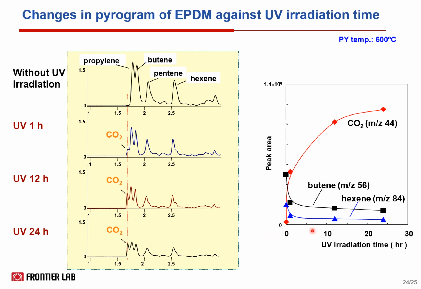This is a plot of peak area of CO2, butane, and hexane versus UV irradiation time. CO2 peak was not found at the without UV time, but the peak intensity of CO2 increased as the UV irradiation time increased. It indicated that the oxidation of EPDM produced CO2 as the backbone structure decomposed.